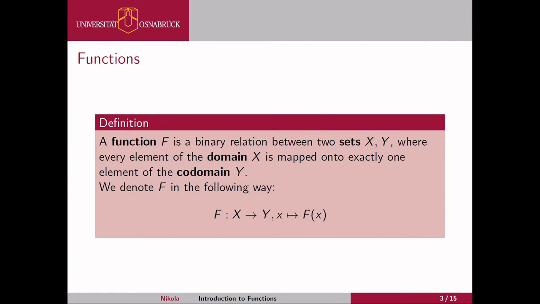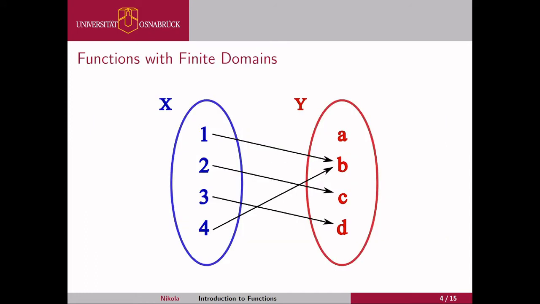And if we want to properly specify our function, we have to say what kind of sets we are talking about. Now, in order to recap, let's start by looking at a function with finite domains. So assume x and y are finite.